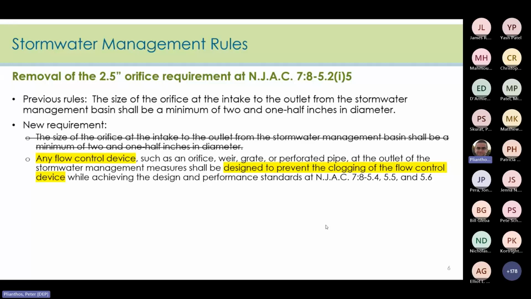There is no longer a minimum size for an outlet orifice. However, in place of the old requirement, the rules require that any flow control device be designed to prevent the clogging of the flow control device while achieving the design and performance standards. This change may assist with meeting the new volumetric reduction standards, which we went over in the Stormwater Overview in Module 1, as well as the How to Review a Project presentation in Module 3.